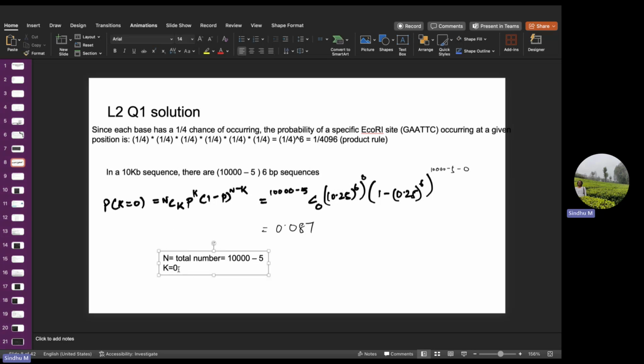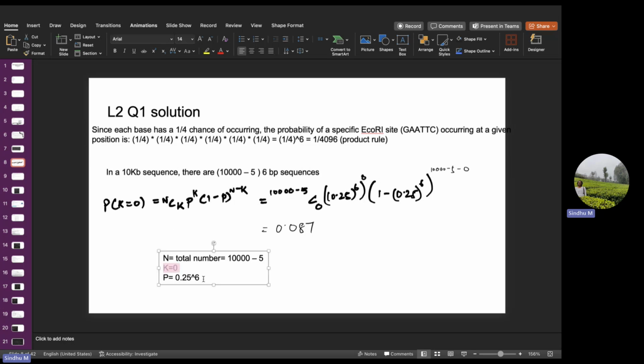In the place of p, we have to substitute 0.25 power 6, raised to the power k, which is 0.